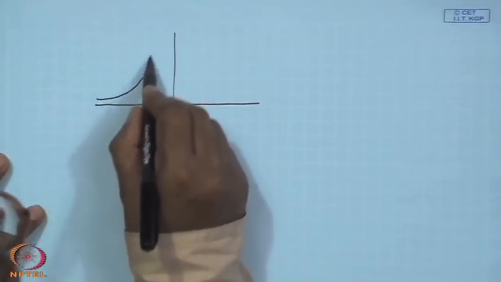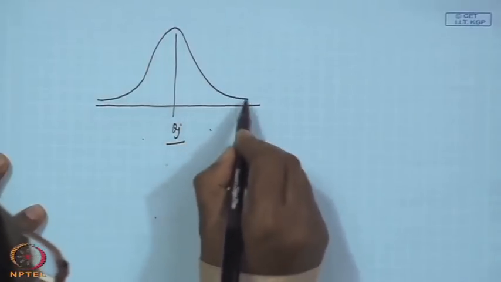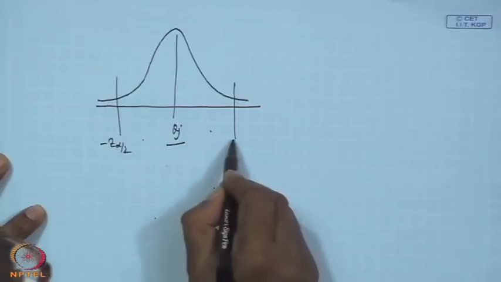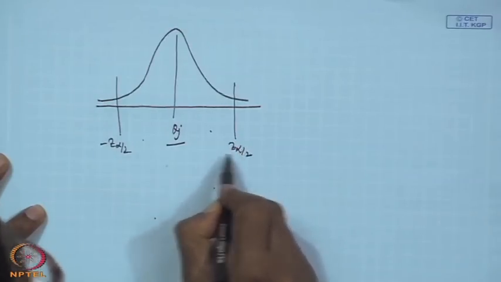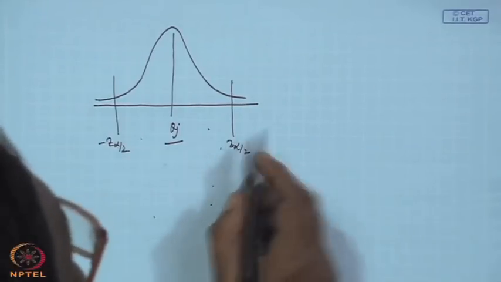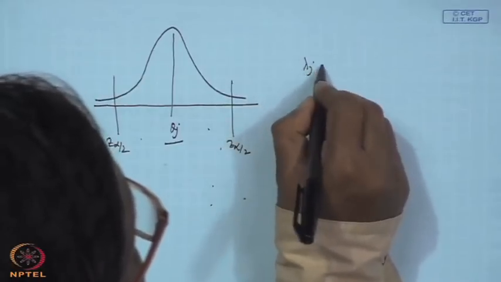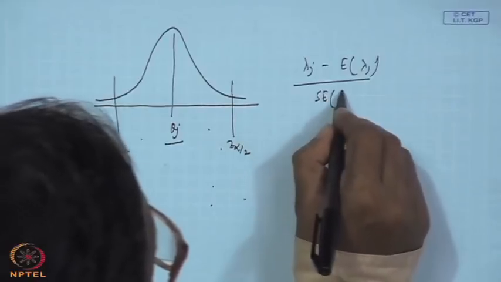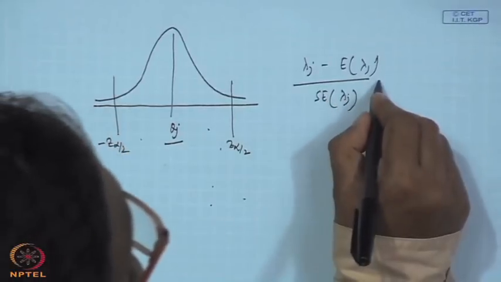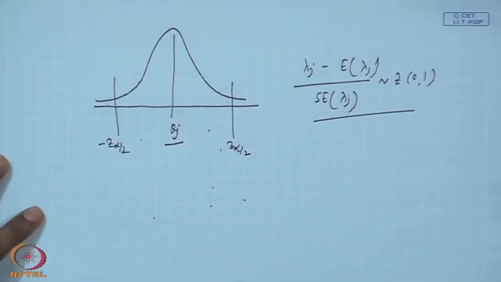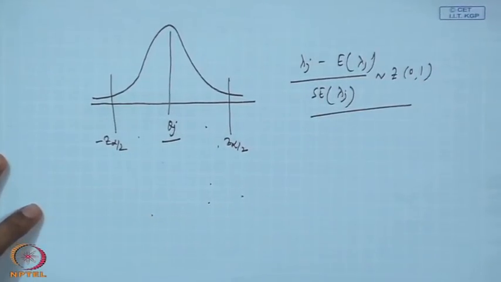So, what we will do basically is find this: minus z alpha by 2 to plus z alpha by 2. We know that lambda j minus the expected value of lambda j, divided by the standard error of lambda j, follows Z(0,1), that basic statistics concept.